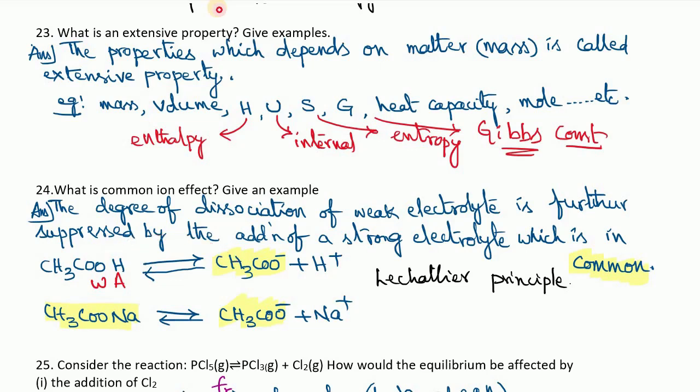That means it moves from products to reactants. That means acetate ions will combine with H plus ions and convert to acetic acid. That means the concentration of acetate ions will decrease now, and the acetic acid concentration will increase. This is called common ion effect. Okay, next.